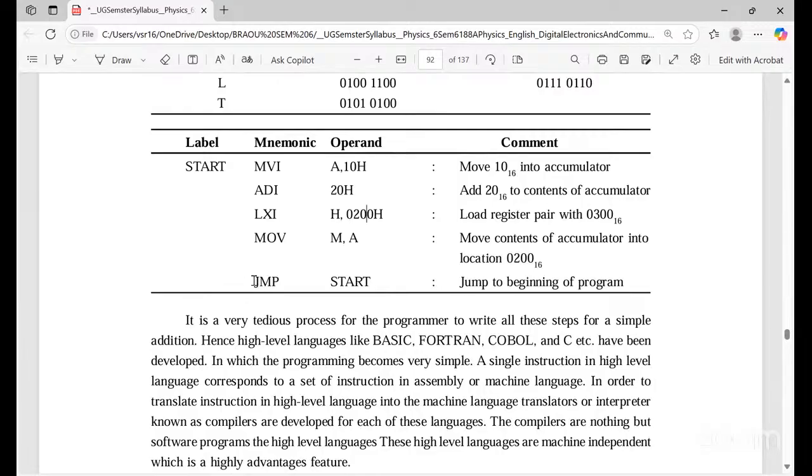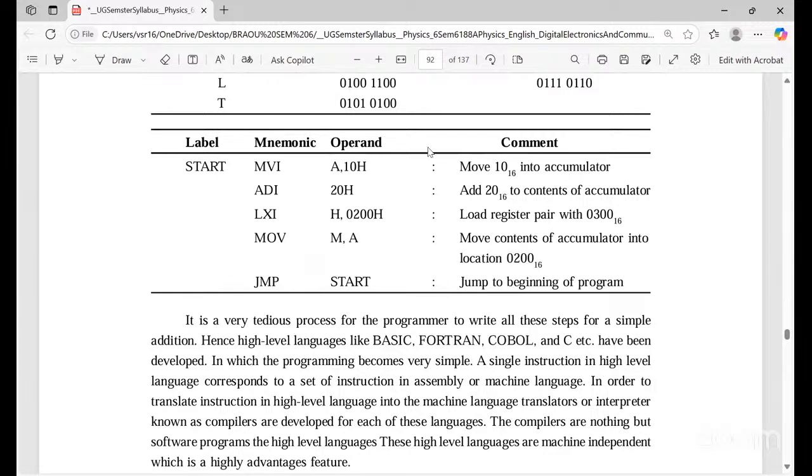Next, jump condition, start. That means again you are starting this process. Immediately two numbers you are considering, adding. If the process is not done properly, again you can start it.